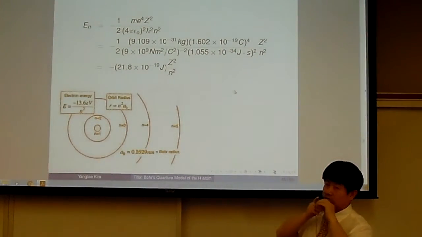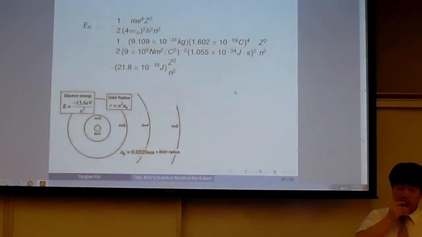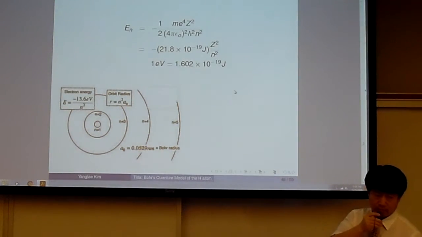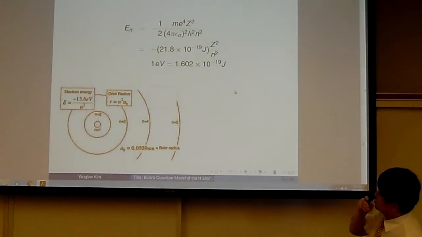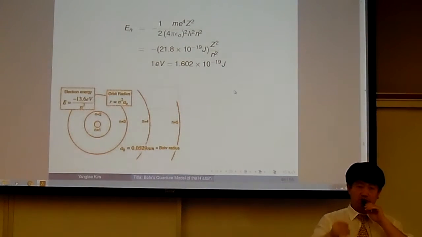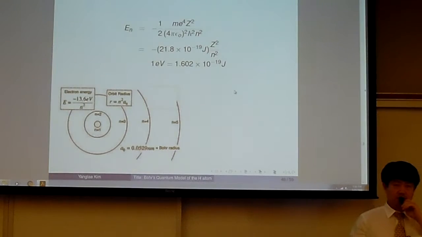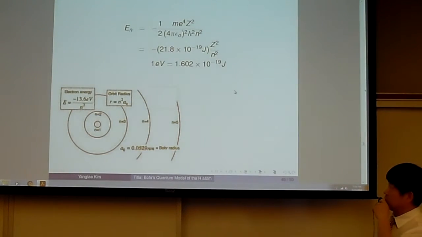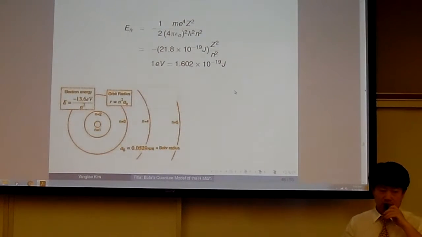Z is nothing but the number of protons in the nucleus. So if we simplify those numbers, what we have is negative 21.8 times 10 to the negative 19 power joule times Z square over n square.